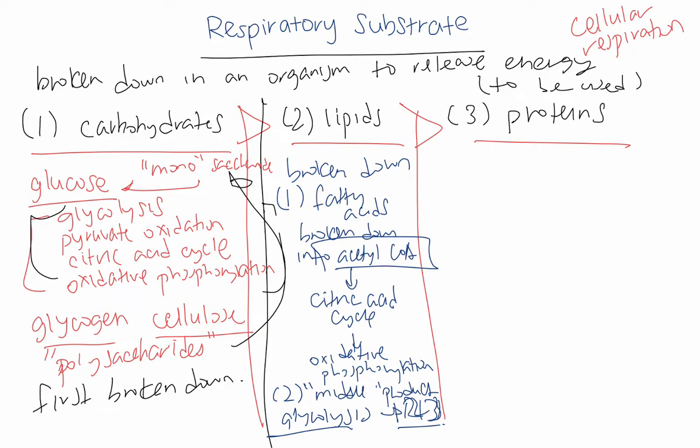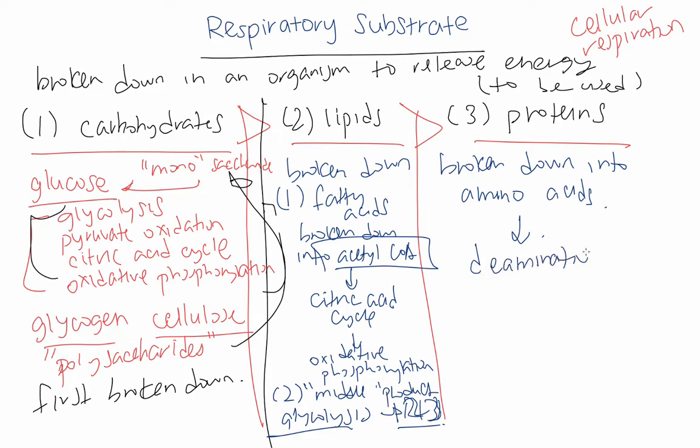Finally, we have protein. So protein is going to be, first of all, broken down into its component parts, which are amino acids. And this amino acid is then going to go through deamination, which is something we talked about in the last video, where we lose an amino group. So then we will have a regular old organic acid.